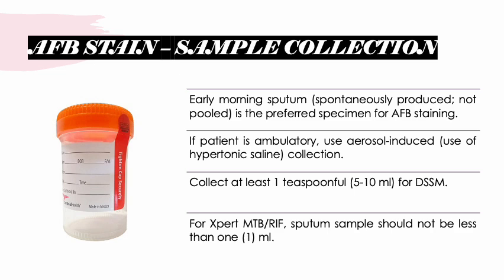The quantity that needs to be submitted should be at least 1 teaspoonful or 5 to 10 ml of sputum for DSSM. For Xpert MTB/RIF testing, the sputum sample should not be less than 1 ml, so the minimum amount would be 1 ml. But for the DSSM, it needs to be increased to 5 to 10 ml.